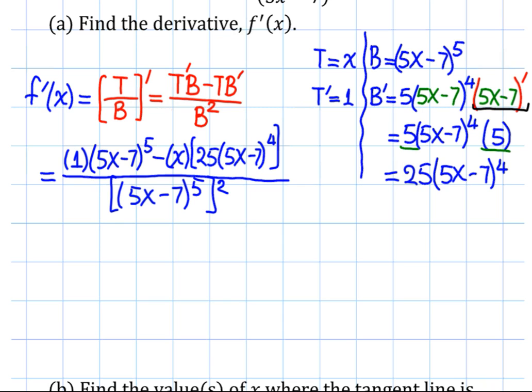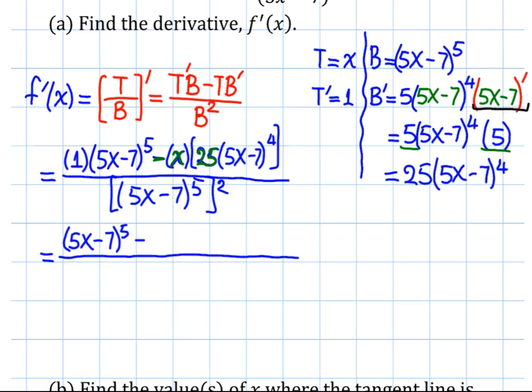Now we multiply the top and then simplify. We have 5x minus 7 to the 5th power, subtract, and we can multiply the 25 and x together. So in this one we have the minus x times 25.